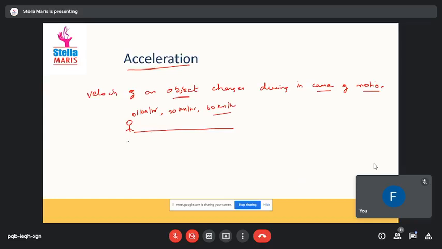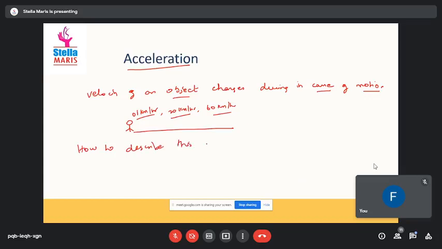60 kilometer per hour. So in your course of motion, you tend to change your velocity. When you're moving, you tend to change your velocity or speed for that matter. So there is a change in velocity. So how to describe this change in velocity?